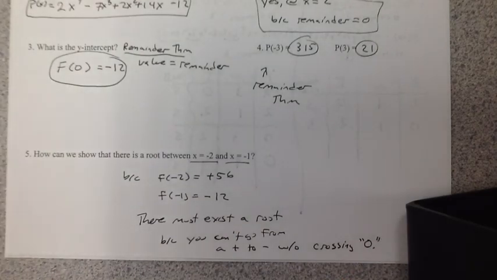Now, we have a special name for that. It is called the intermediate value theorem. And we're going to talk about that in part 2. So make sure you look at part 2.